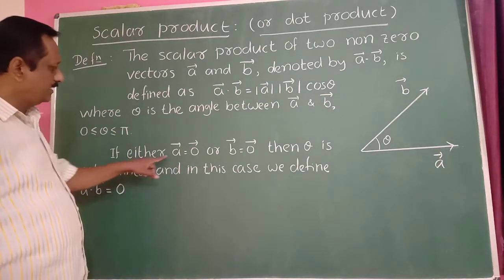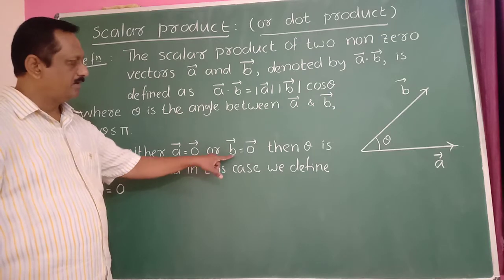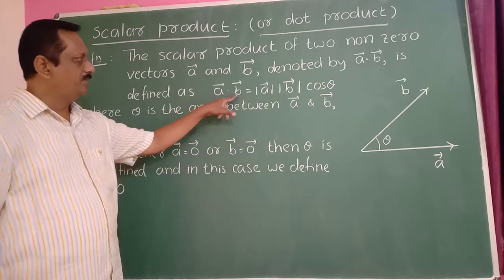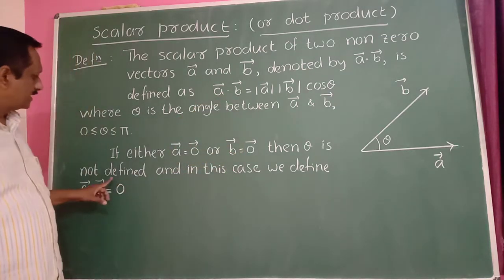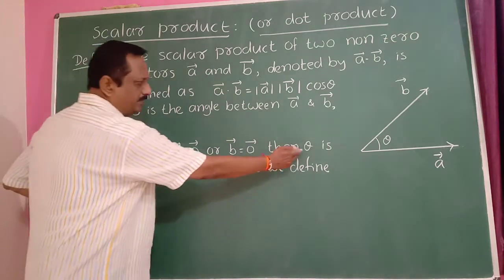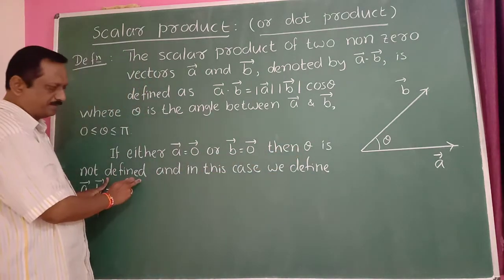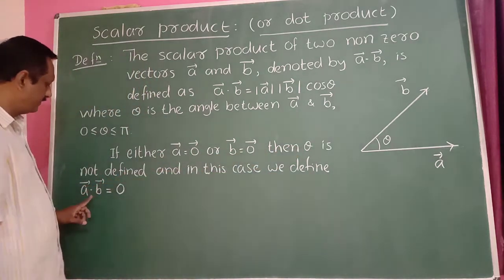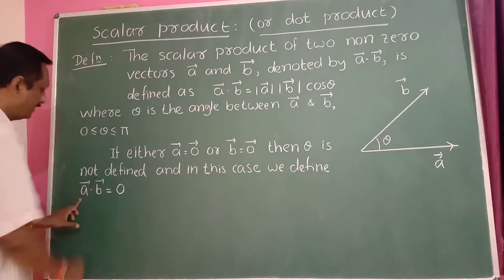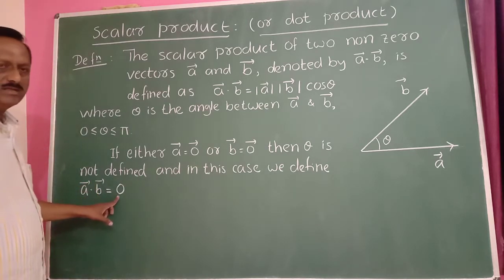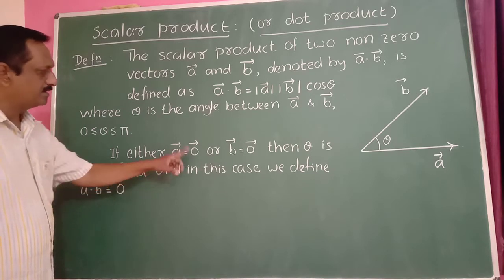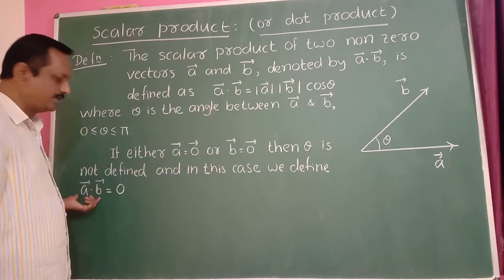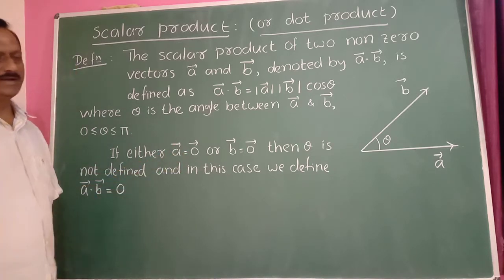If either a bar is a null vector or b bar is a null vector, if any one of these vectors is 0, in that case theta is not defined, and in this case we define a bar dot b bar equal to 0. If any one vector is 0, hence a bar dot b bar is also 0. Remember it.